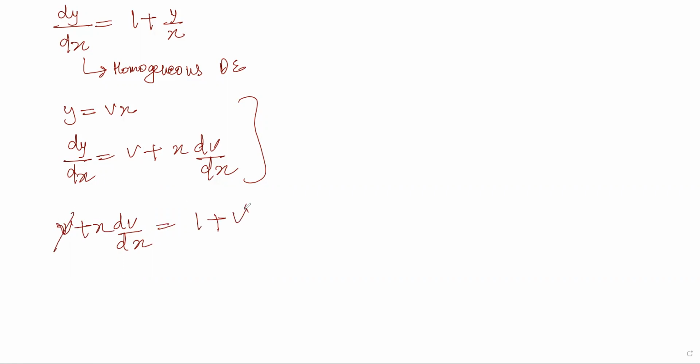Now this v gets cancelled out with another v. So very simple equation. x into dv by dx is equal to 1. So this becomes dv is equal to dx by x, which is v is equal to log x plus log c.